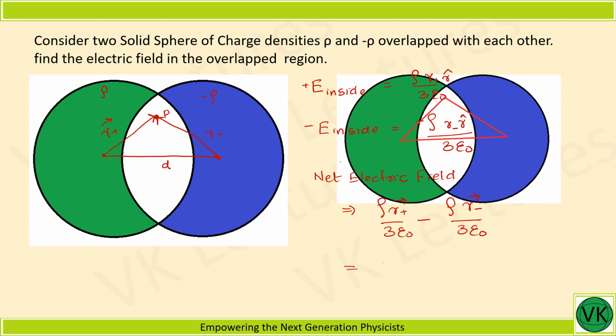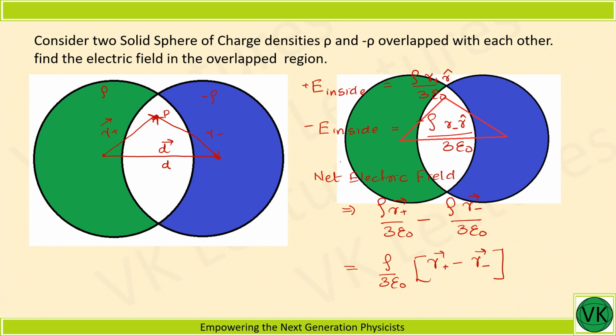So this gives us rho by 3 epsilon naught as constant, times R plus vector minus R minus vector. This vector minus this vector is nothing but the vector d.